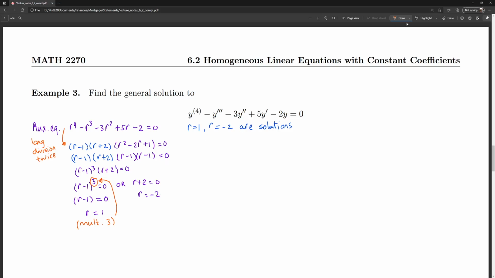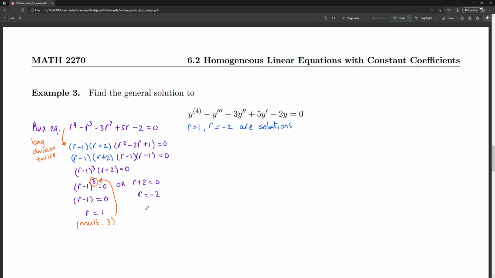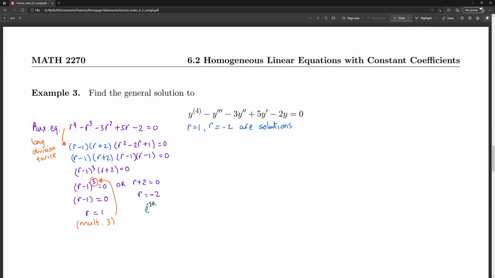So let's take a look at what the solutions look like. For r equals -2, we know that the part of the general solution that corresponds with it looks as follows: e to the power -2x.